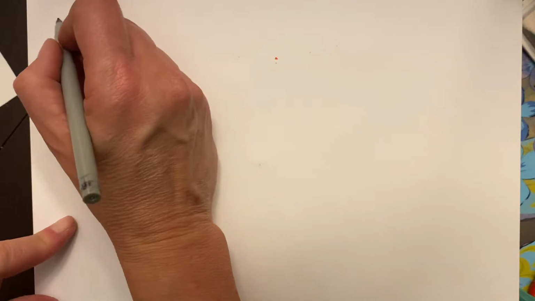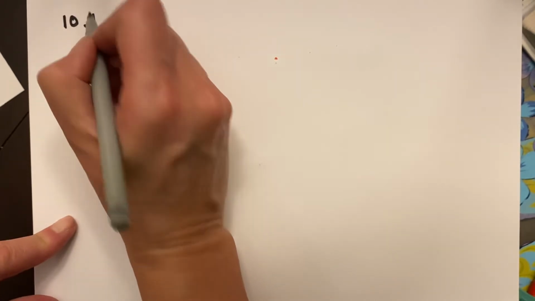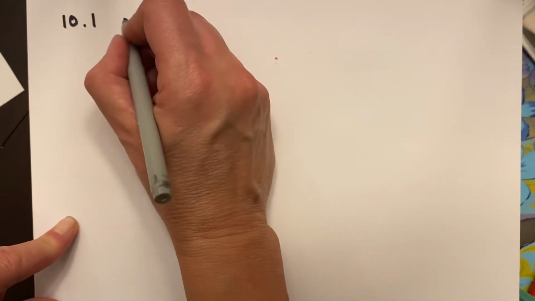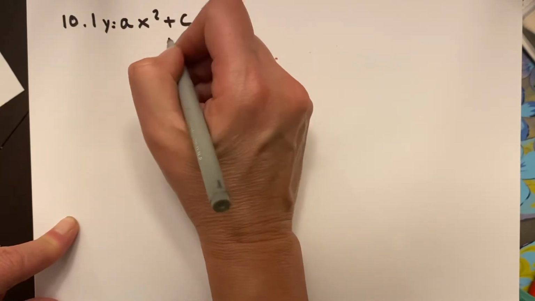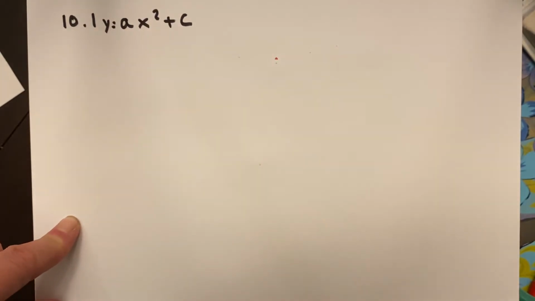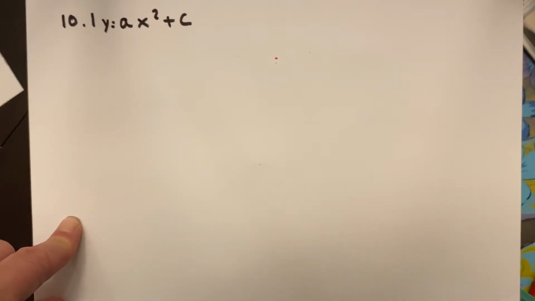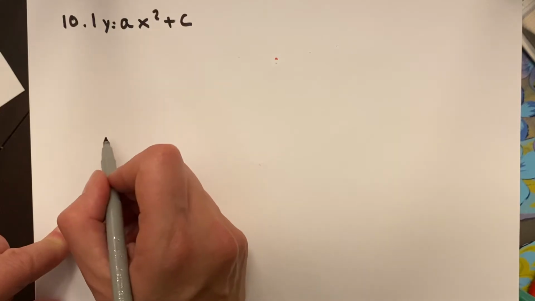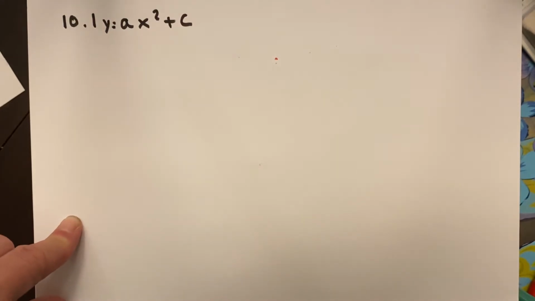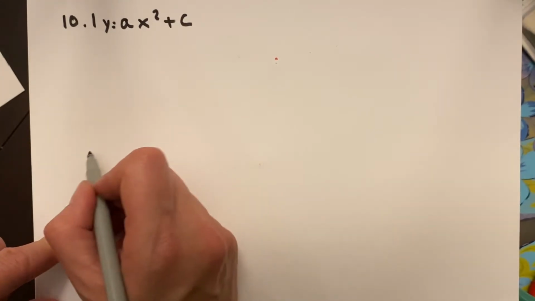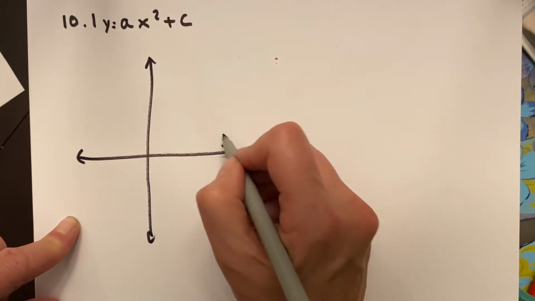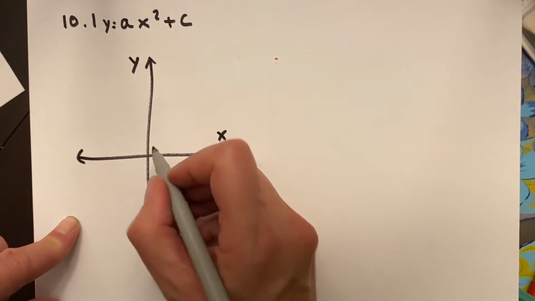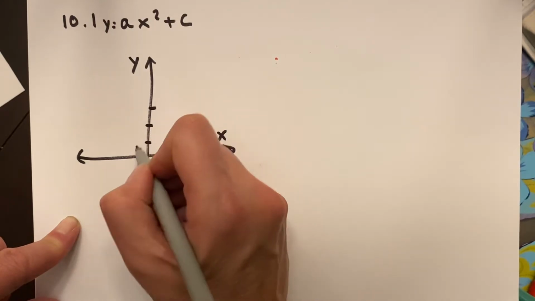In reviewing that part, we're going to talk about what happens when you add c into the parent function. I'll go over this very quickly because you've seen it before and you basically know this material.